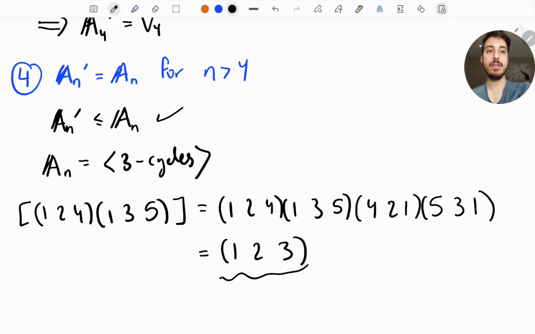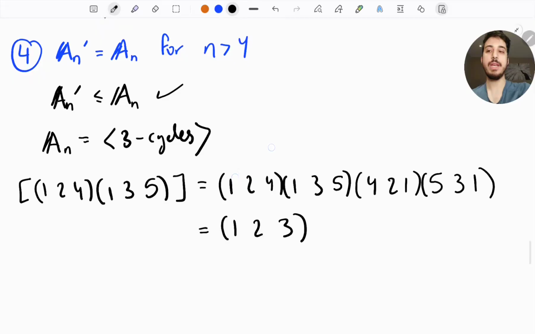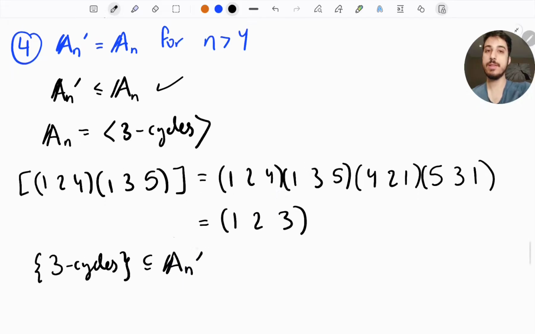So for any 3-cycle, we can get it as the commutator of some product of 3-cycles, meaning that the 3-cycles are in the commutator subgroup. But since it is a subgroup, it is closed under the group operation and inverses, so the whole generation of the 3-cycles is also inside A_n prime, which is A_n. So this gives us that A_n is contained inside A_n prime.